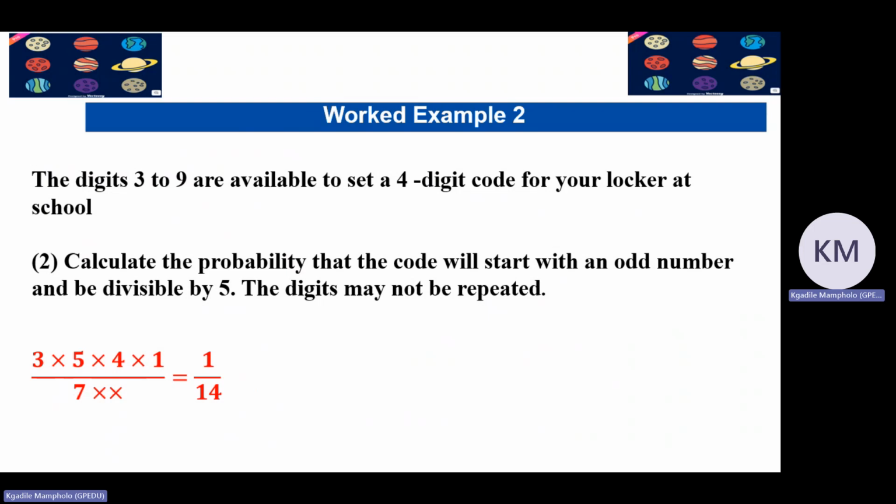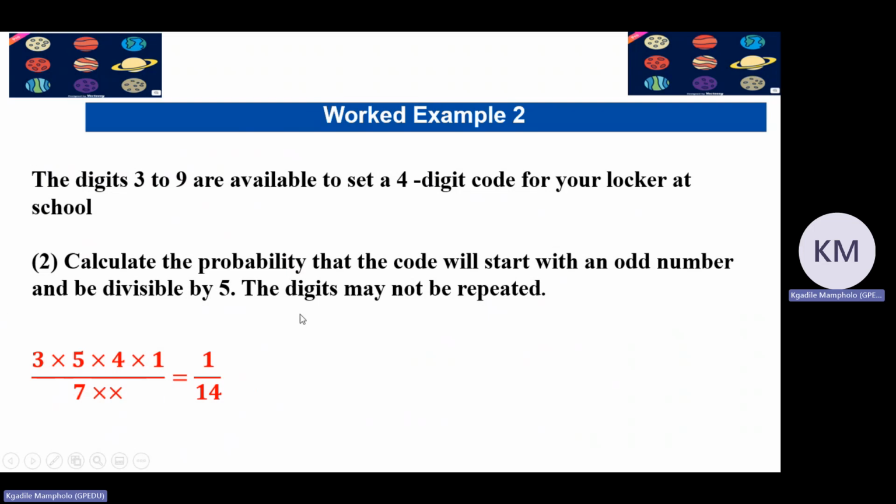Now, meaning it will be 2 times 5 times 4 times 1, over 7 times 6 times 5 times 4. Then the answer will be 1 over 21, not 1 over 14. Because if we say the code will start with an odd number, the odd number that is less than 6 can only be 5 and 3.